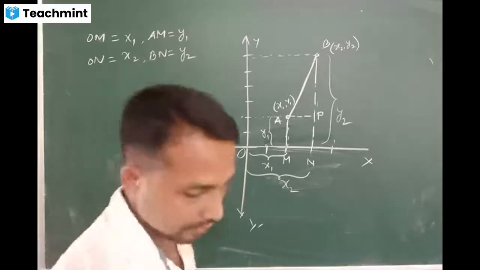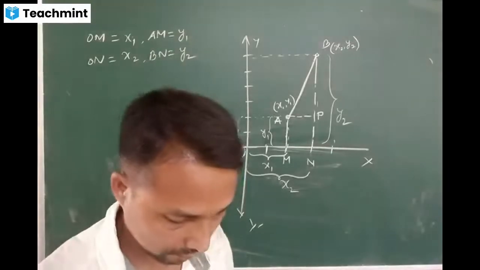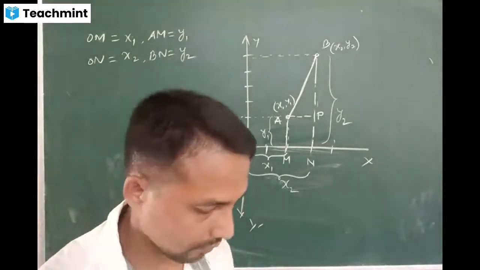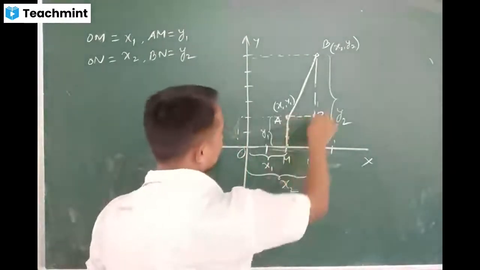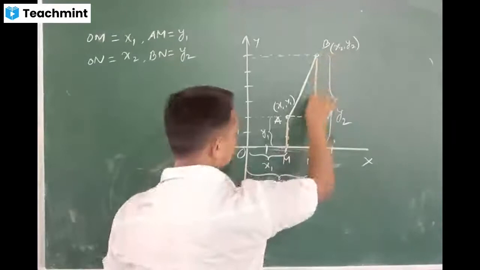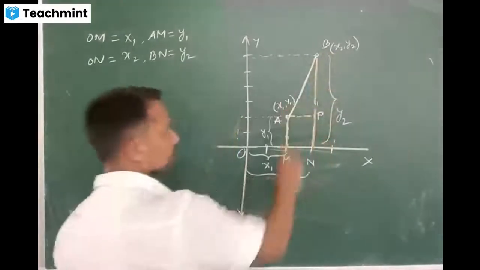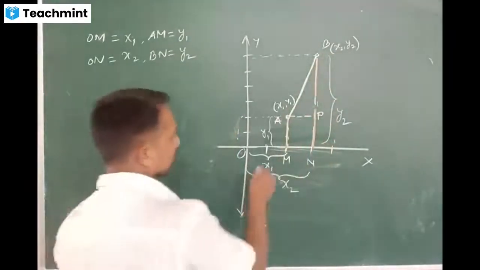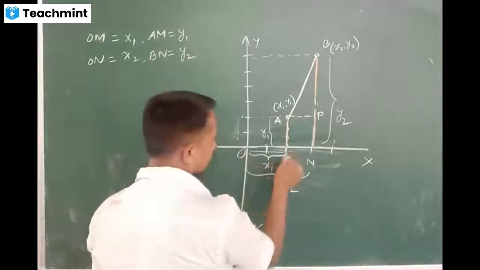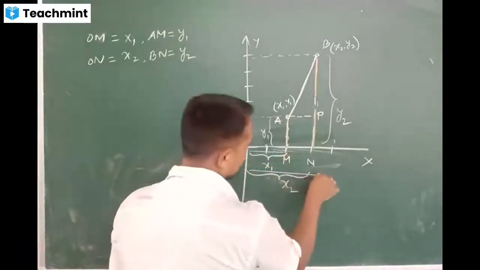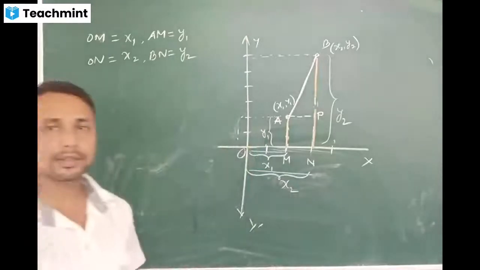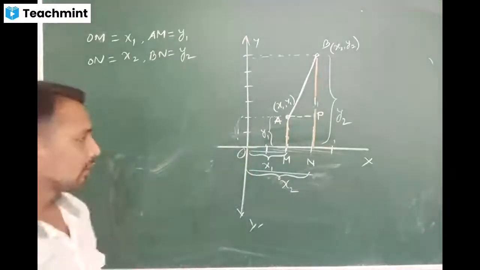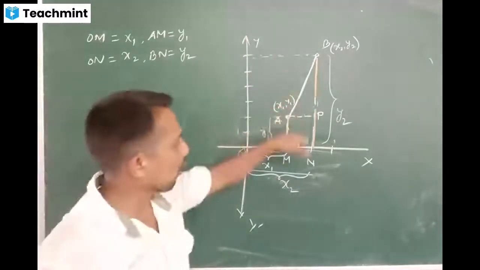These are the lengths. This is one part, and on this side is another part, which is y2. This is x1 and this whole is x2. This is y1 and the whole is y2.